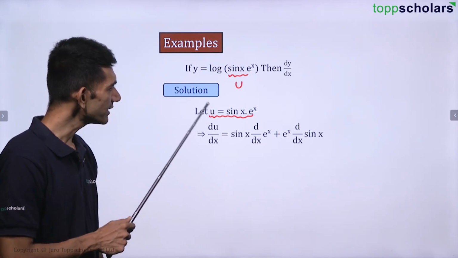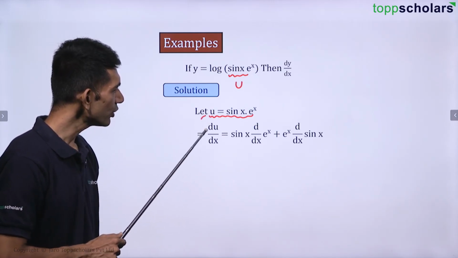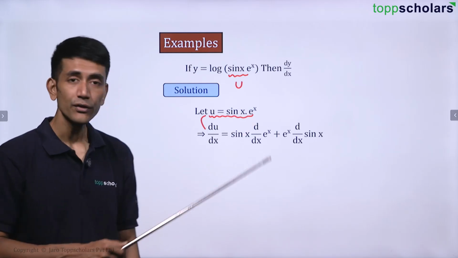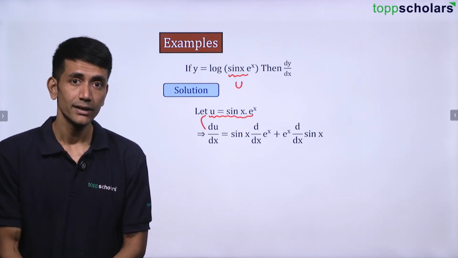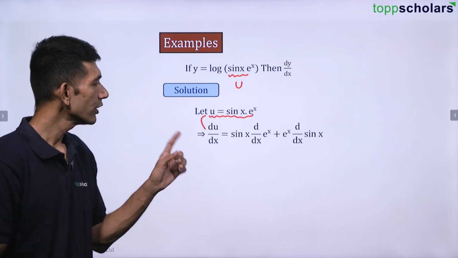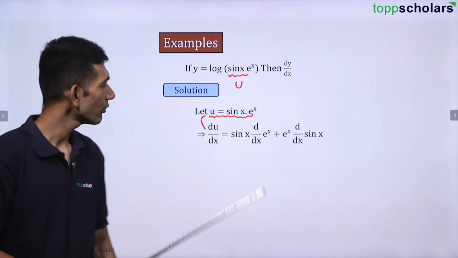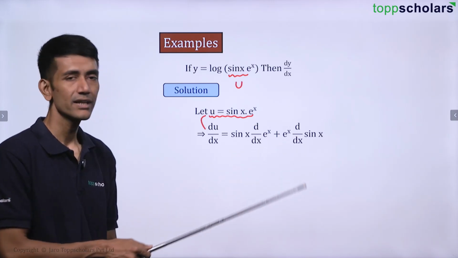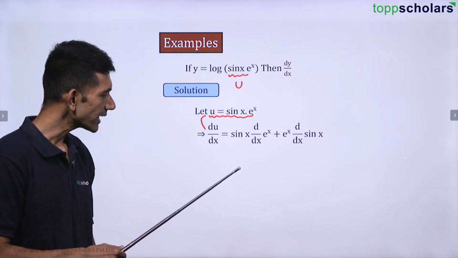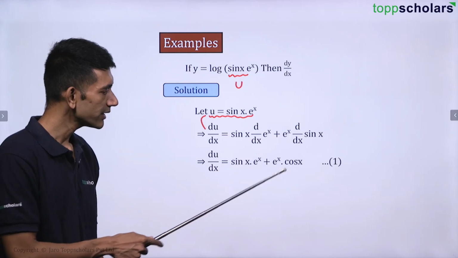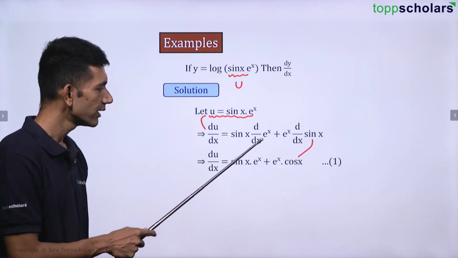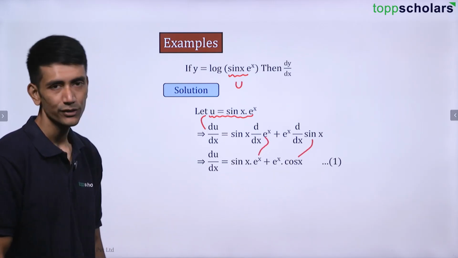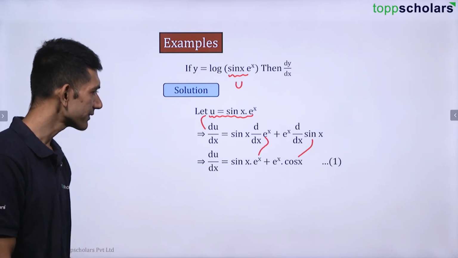So if I differentiate this with respect to x, I get du by dx is equal to, now this is your product rule, isn't it? In product rule, you know how to solve this. u derivative of v plus v derivative of u. So that becomes sin x derivative of e raised to x plus e raised to x derivative of sin x. This becomes sin x into e raised to x plus e raised to x into cos x. And derivative of e raised to x is e raised to x only. This is du by dx, right?